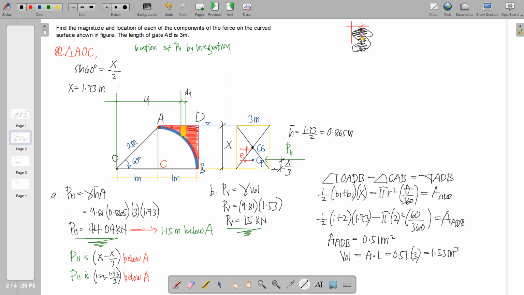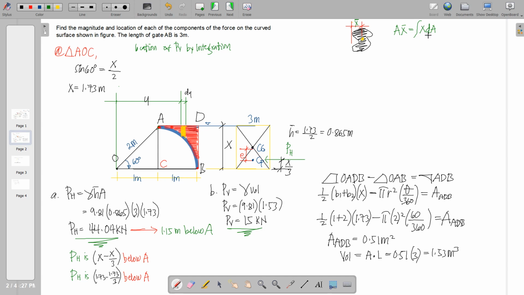So this centroid can be located from any of the sides, along the horizontal, and then up to the corner. Say this is x bar. So the formula is area times x bar is equal to the integral of x times the differential area.